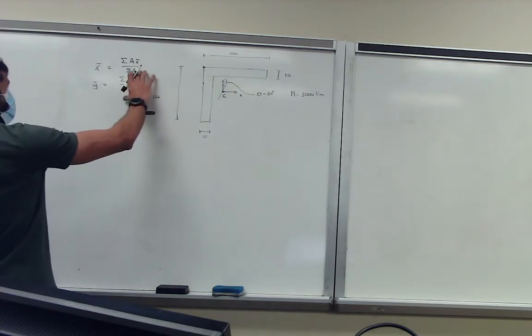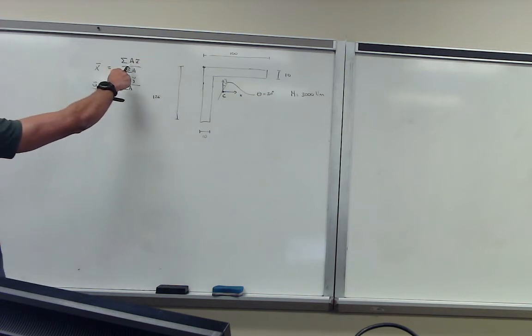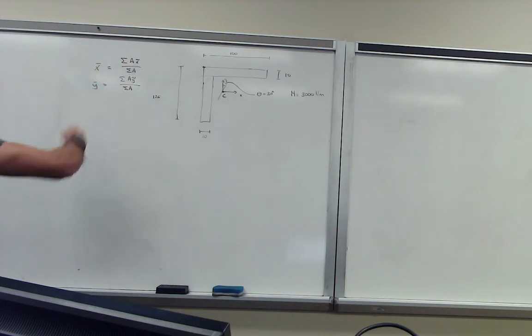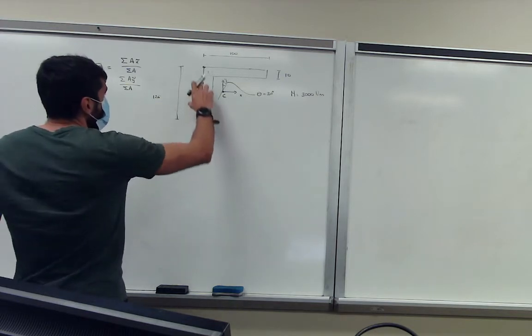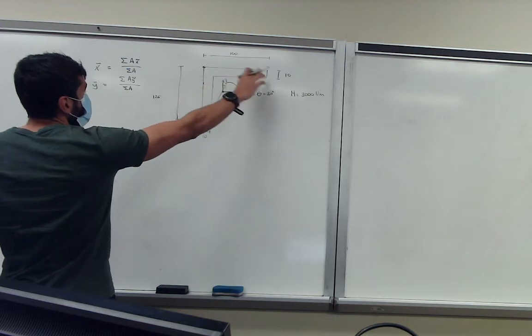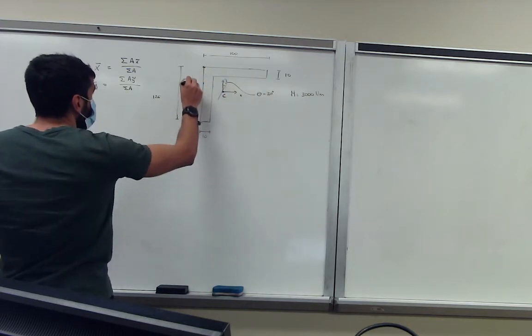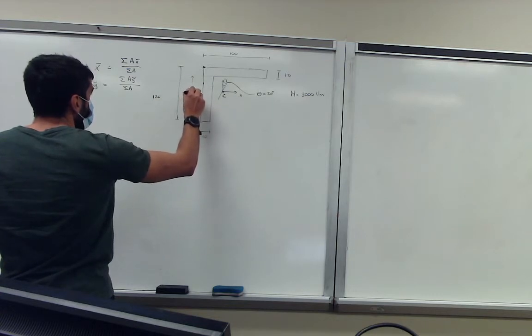So this is nothing more than the area with respect to the distance to the centroidal axis, and this is the summation of area. In this case, this is 100, so we have to subtract the thickness from 125. So this basically becomes 115. You have to be careful with that.